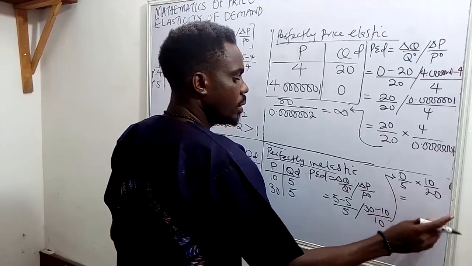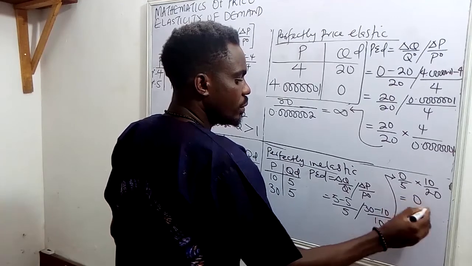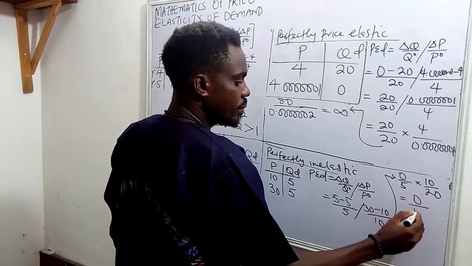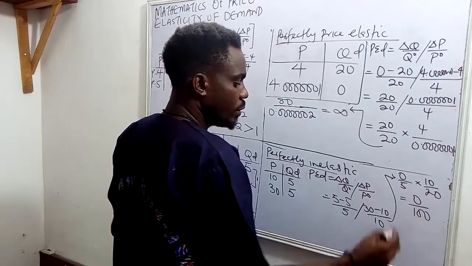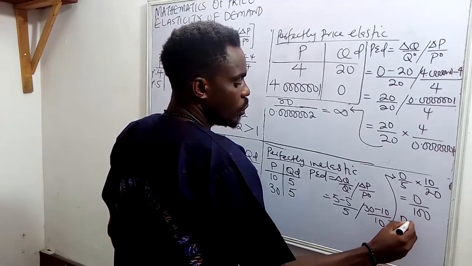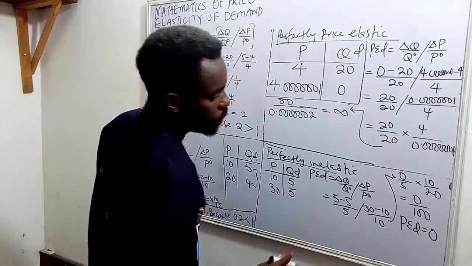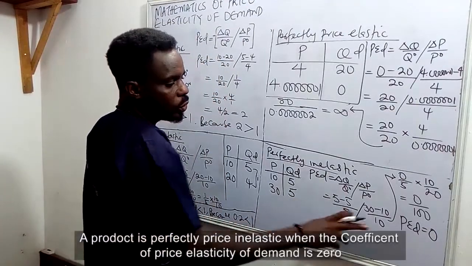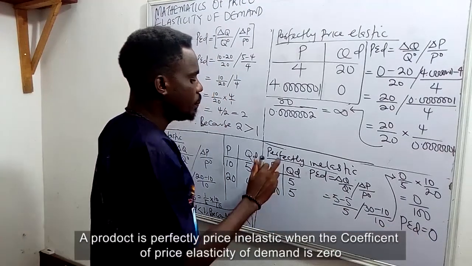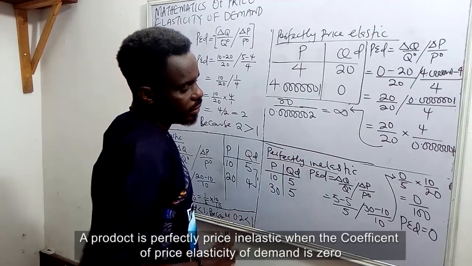This is 0 divide 100. As such, the coefficient is 0. Therefore, we conclude that a product whose coefficient is 0 is perfectly price inelastic.